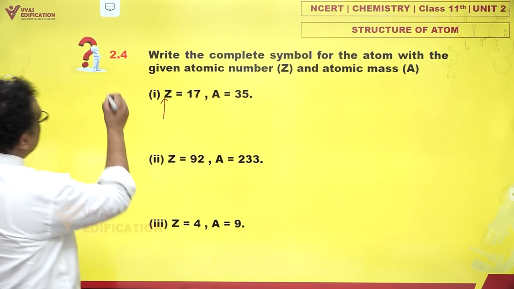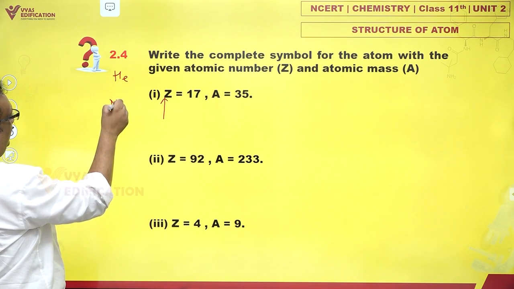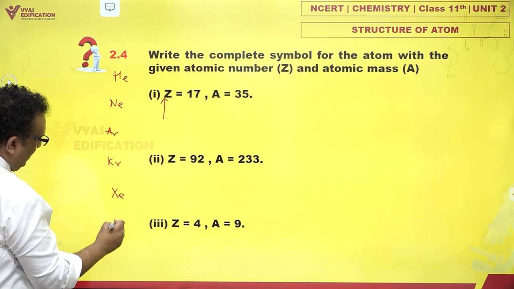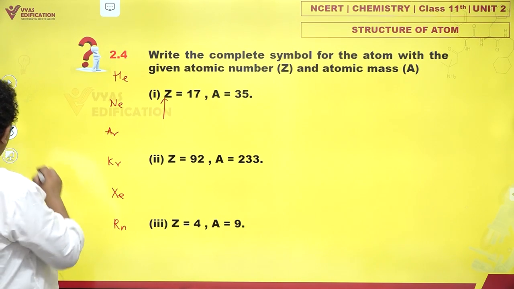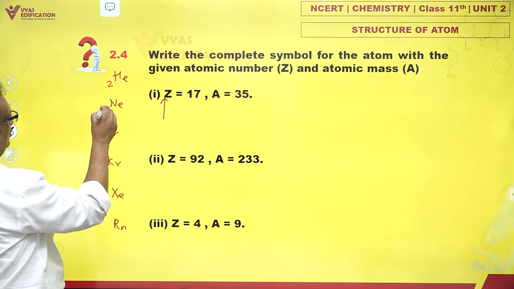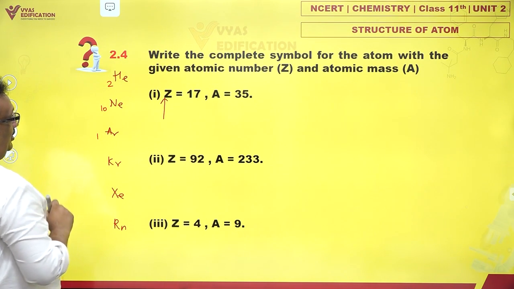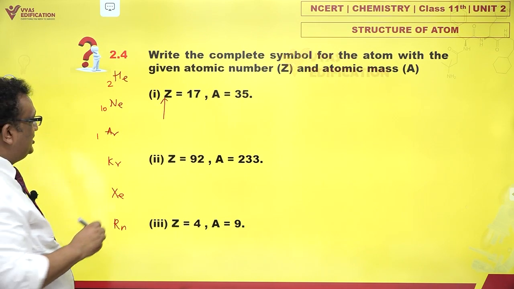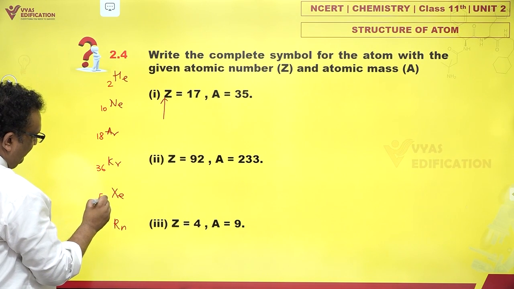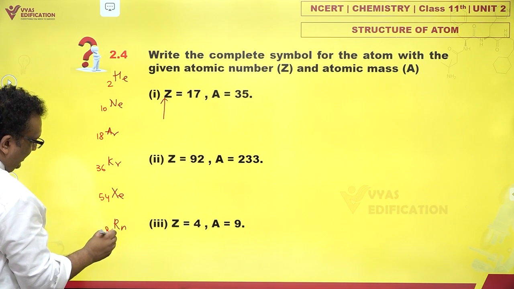Like helium, neon, argon, krypton, xenon and radon. The way I remember it, it is 2, 10. What about argon? 18, 36, 54 and 86.